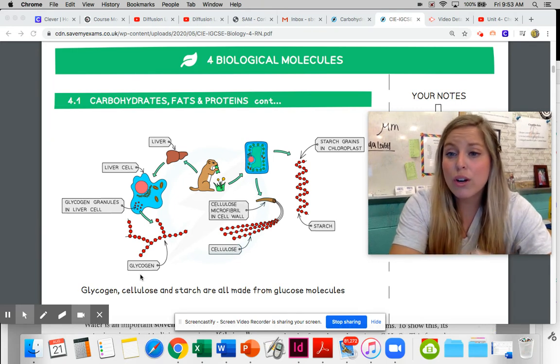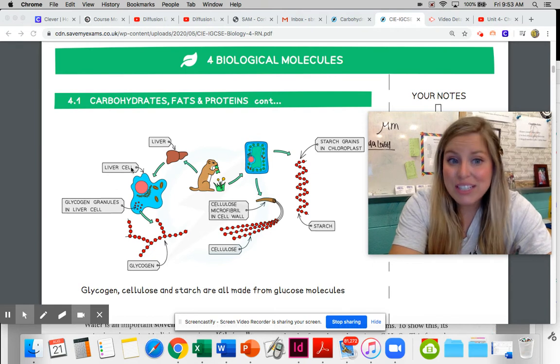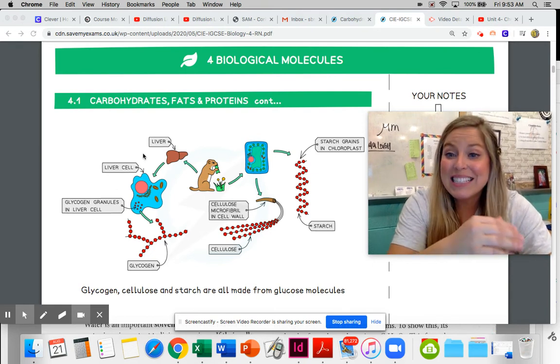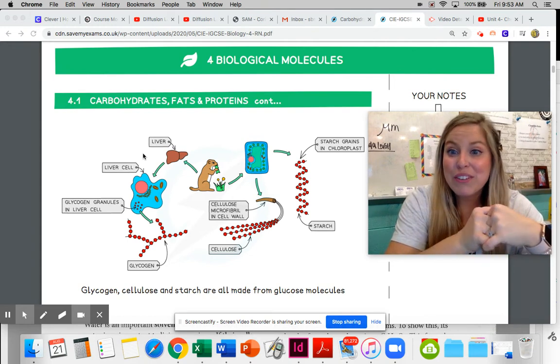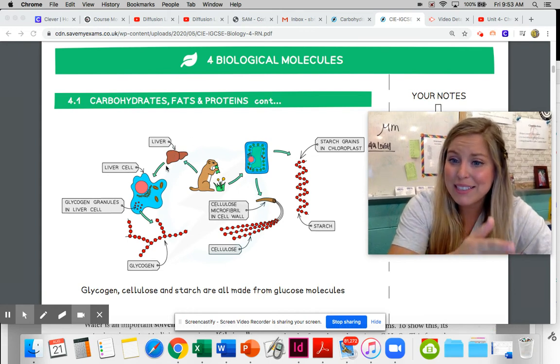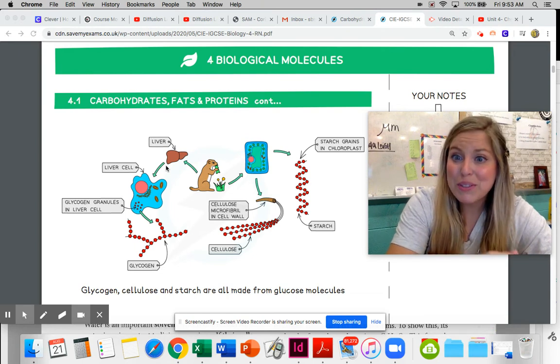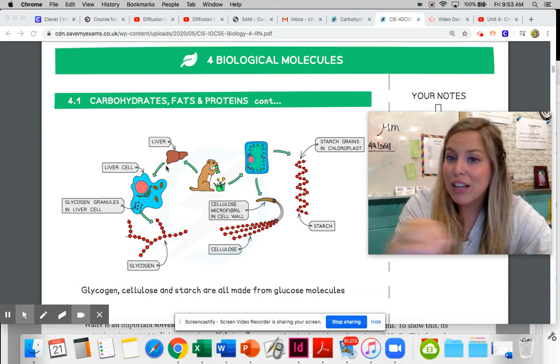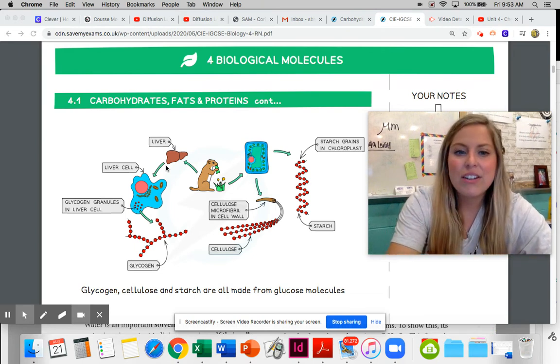So we store our long chains of carbohydrates in the form of glycogen in our liver cells, which are in the liver. Okay, so glycogen is for when we need a quick boost of energy and we need glucose. There's a process that we're going to learn about where glycogen is used, and it cuts off the molecules of those sugars to go where they need to go to provide us energy.